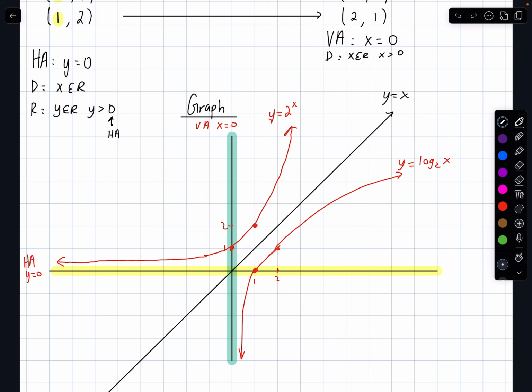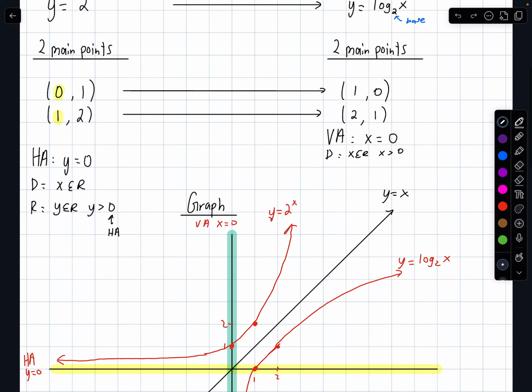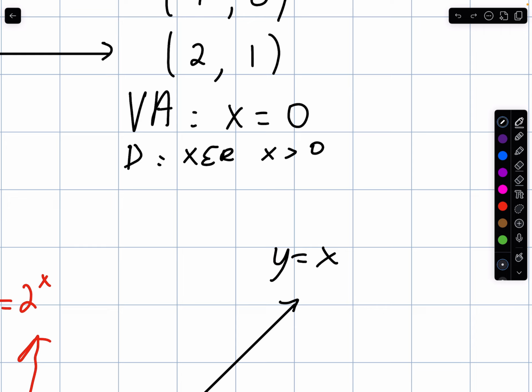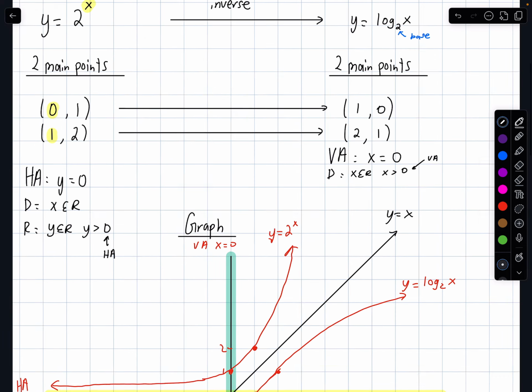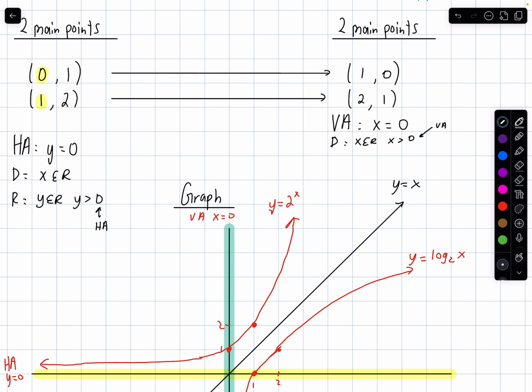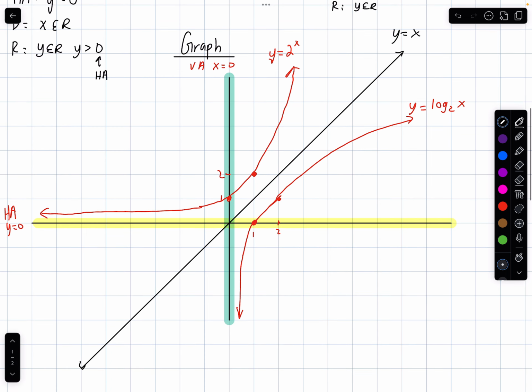Depending on if there's a reflection, this could be greater than or less than 0, but this 0 represents the vertical asymptote. But the range for all logarithmic functions is always y is an element of the reals, because it goes fully up and fully down.